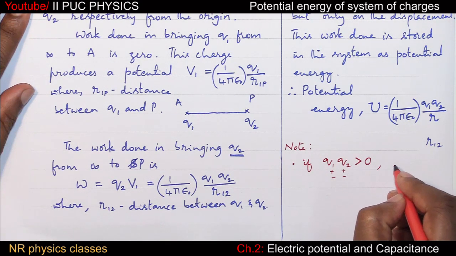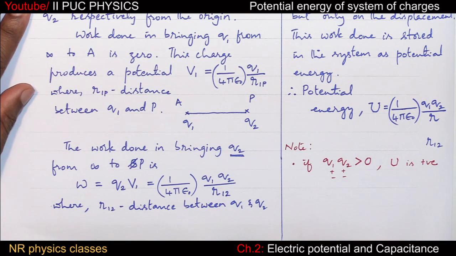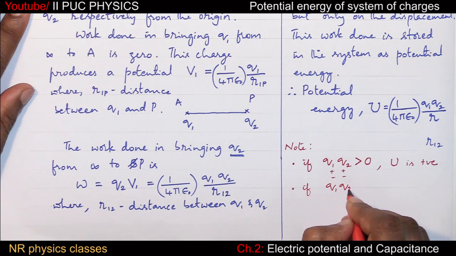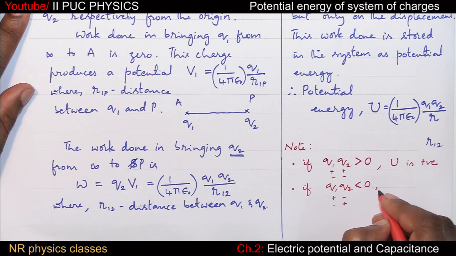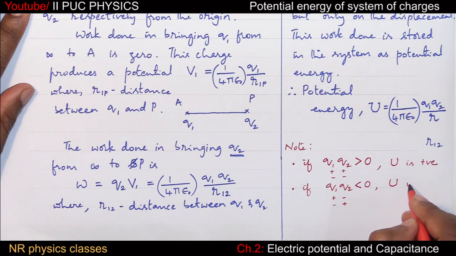For like charges, potential energy or work done is positive. If Q1 into Q2 is less than 0, it means one of the charges should be plus and the other minus, or minus plus. In this case, this gives minus, therefore potential energy is negative.